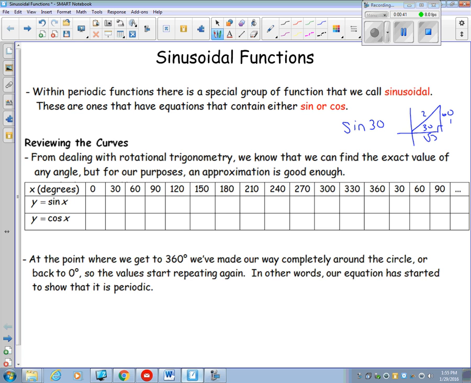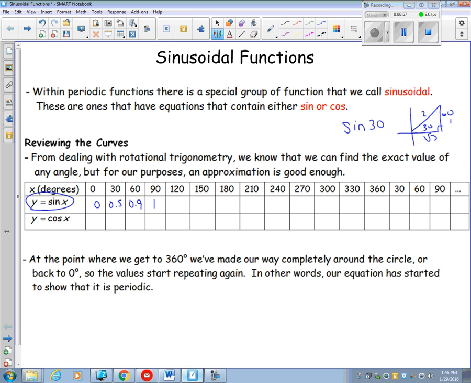So using our calculators, if I have y equals sine x, and x happens to be 0, sine of 0 is 0. The sine of 30 is 0.5. The sine of 60 is 0.866, call that 0.9. Sine of 90 is 1.